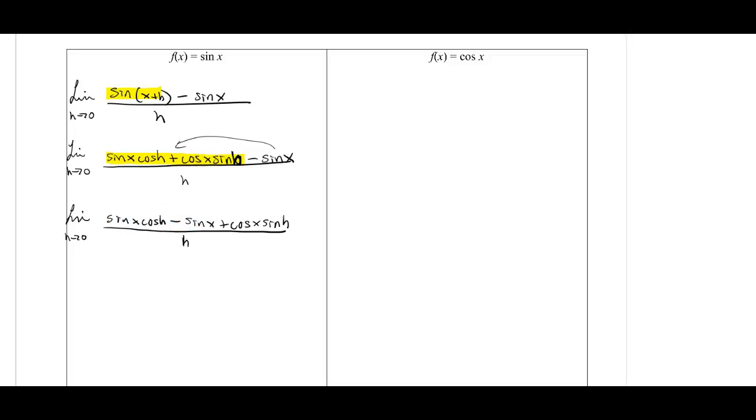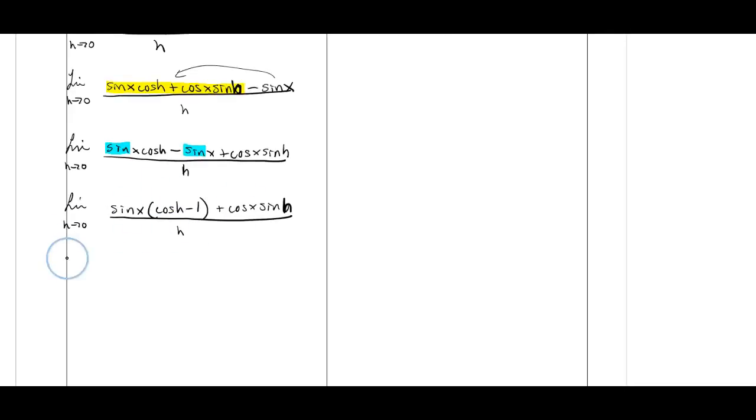And this allows me to factor this common sine out. The limit as h approaches 0 of sine x parentheses cosine h minus 1 plus cosine x sine h all over h.